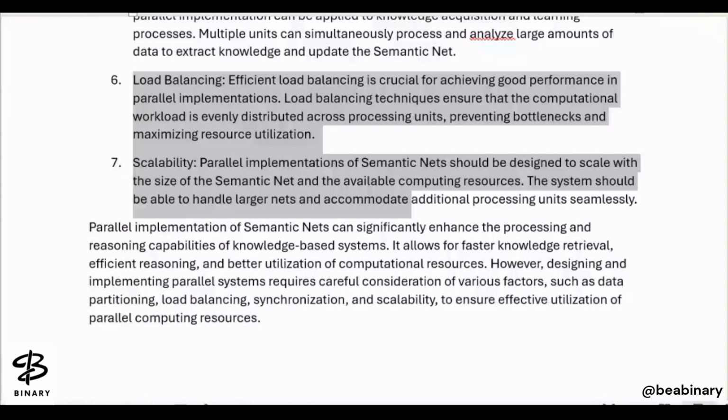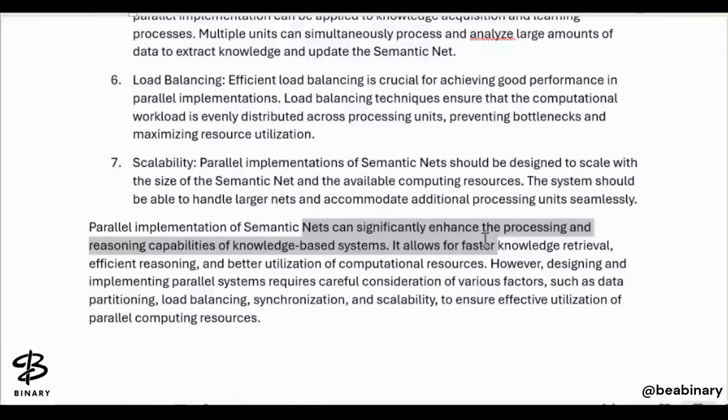So what you understand by the parallel implementation of a semantic network is basically that when we are talking about the partition semantic network, somewhere we need to import a parallel computing technique, and this can significantly enhance the processing and reasoning capability of a knowledge system with the help of parallel implementation of the semantic networks.